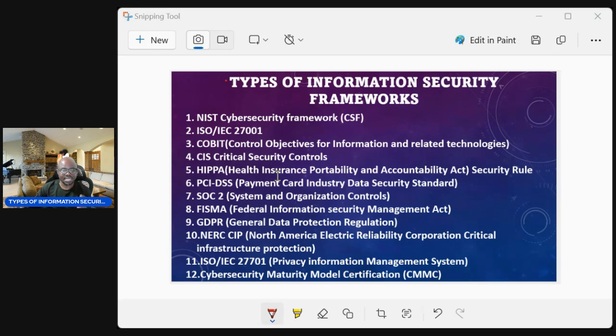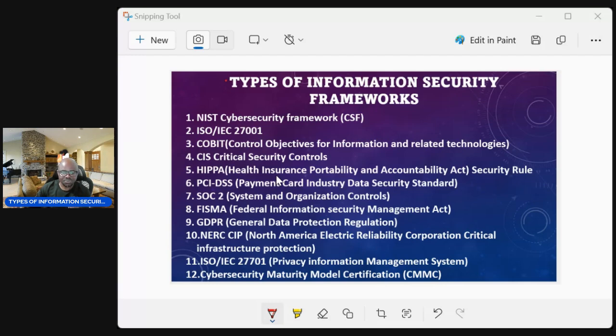And then on number 6 here on my list, I have the PCI-DSS. What does it stand for? That is Payment Card Industry Data Security Standard. Who developed this PCI-DSS? It was developed by the Payment Card Industry Security Standards Council, PCI-SSC.